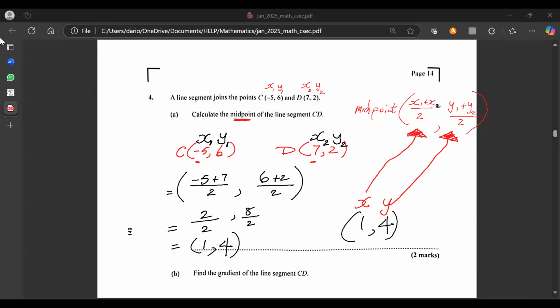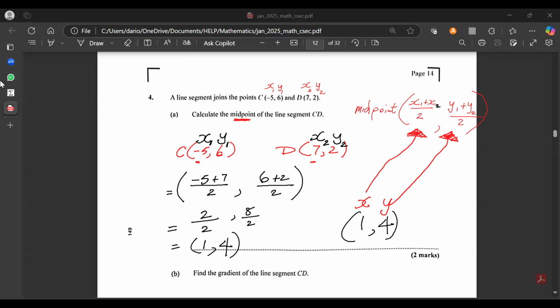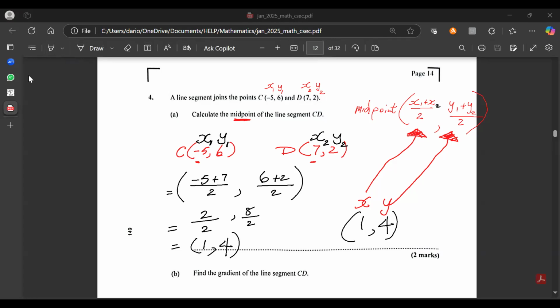I am almost finished. I don't want to spend too long on this. We have to go back to statistics. I'm done. Okay.